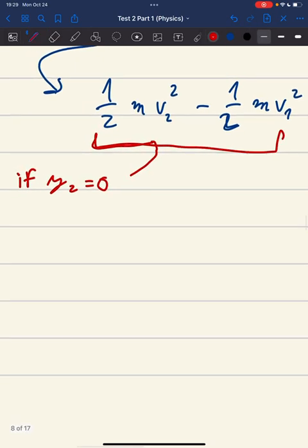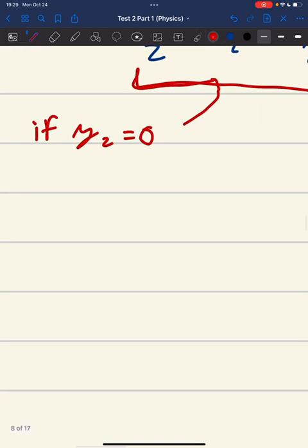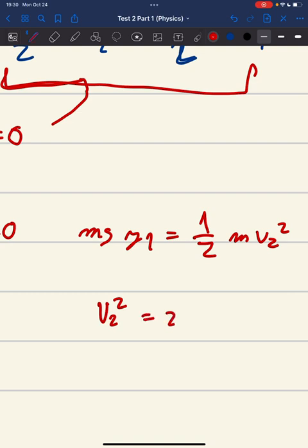But if v1 is 0, we gotta represent it like this. It's a must. So mg y1 equals half of m v2 squared. So v2 squared is 2 g y1.